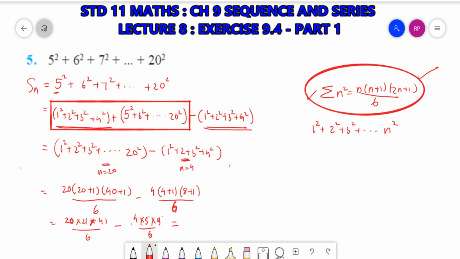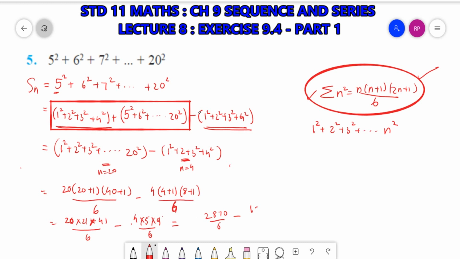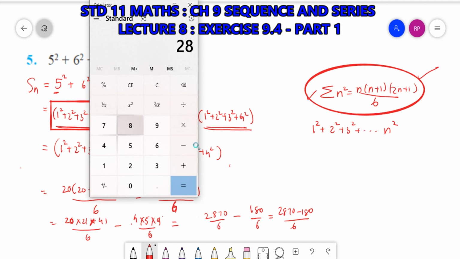So let's find out. This is 2870 minus 4 into 5, 20, 20 into 9 will be equal to 180. So 180 by 6. So 2870 minus 180 upon 6. Sorry, again there is one mistake.